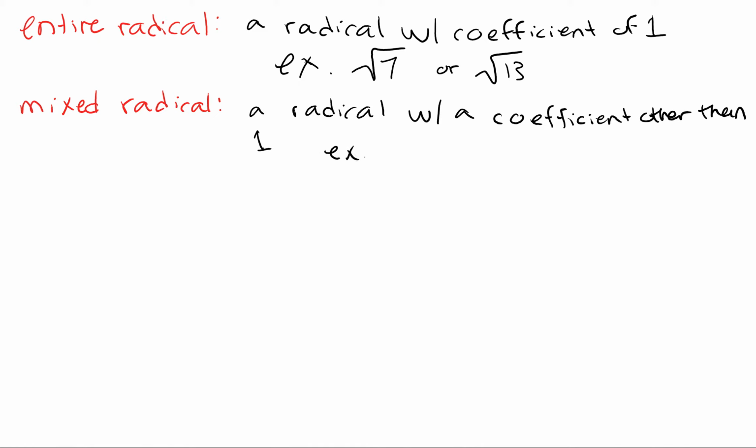So an example of that would be 2 times the square root of 3, or 4 times the square root of 5. You can even have a negative coefficient. You can have negative 2 root 10, and so on and so forth. You get the idea. You can have lots of different mixed radicals.